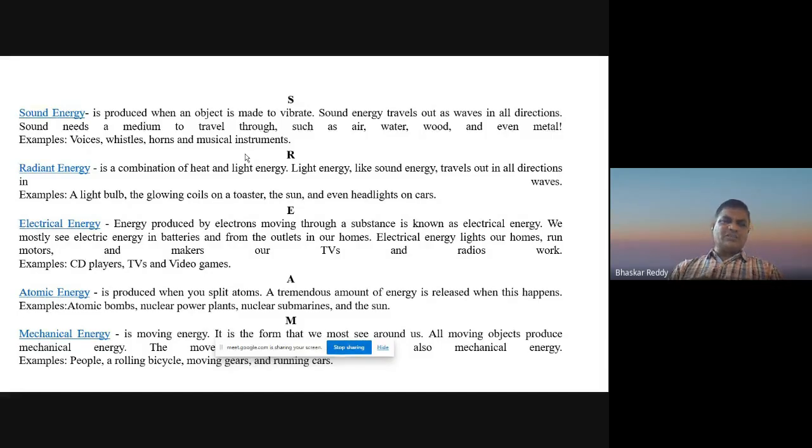In the case of electrical energy, I already told that without electrical energy there is no appliance in the universe. The economy of India, the economy of any country, depends upon the availability of electrical energy.